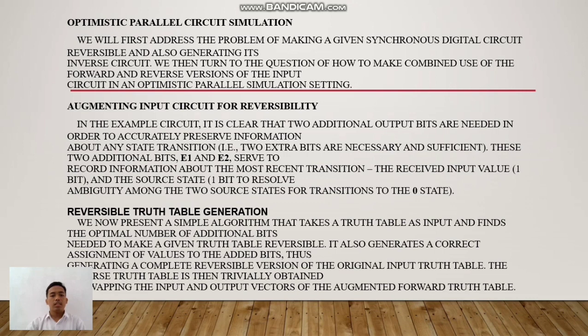It also generates a correct assignment of values to the don't care bits, thus generating a complete reversible version of the original input truth table. The reverse truth table is trivially obtained by swapping the input and output vectors of the augmented forward truth table.